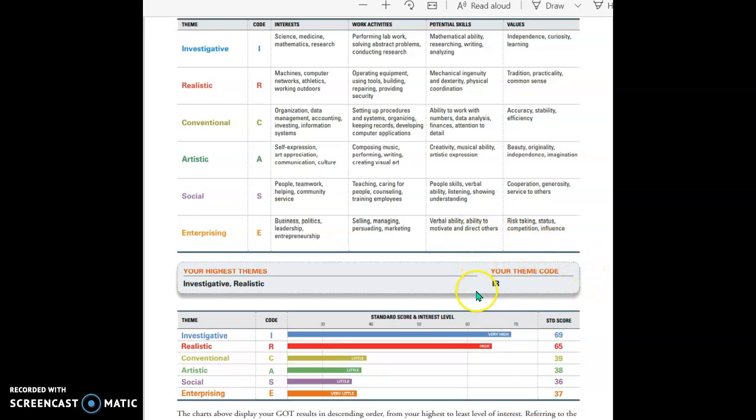So this will be your theme code, and it could be 3 letters, it could be 2 letters, sometimes it could even be just 1 letter, the highest theme. In this case, it's 2 letters, it's investigative and realistic.